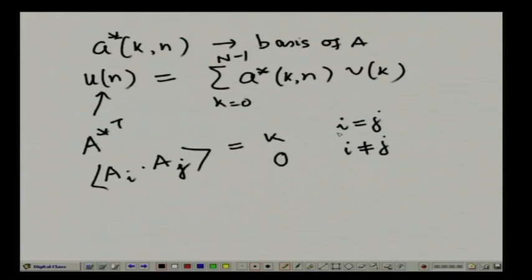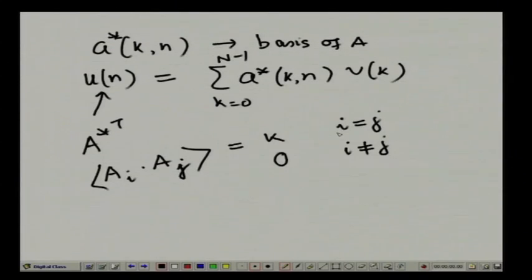So, in this case, we have represented the vector u by a series summation of a set of basis vectors. This is what we have got in case of a one dimensional signal or a one dimensional vector u. Now, we are talking about image transformation. In our case, our interest is in image transformations.